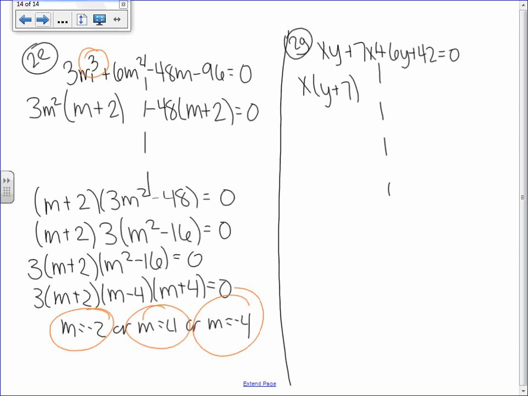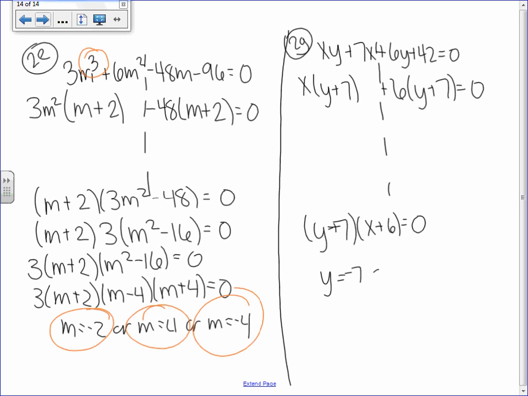And on the right, I have a GCF of 6, and I am also left with a y plus 7. So my factors are y plus 7 and x plus 6. So that means y is equal to negative 7, or x is equal to negative 6.